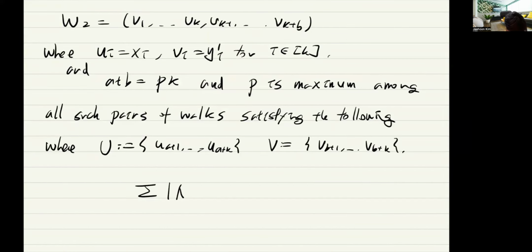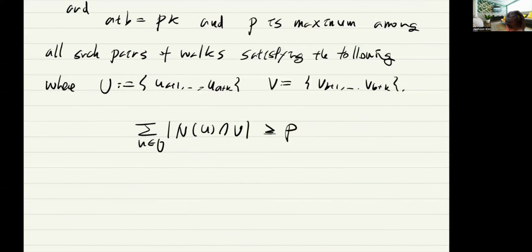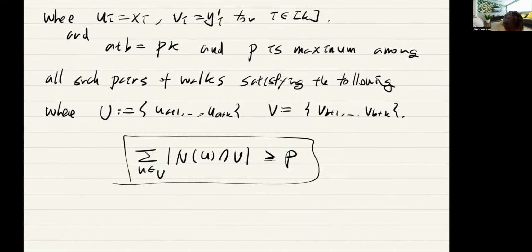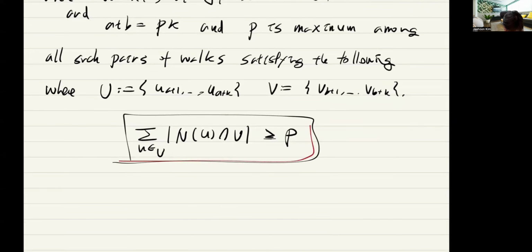And we want to only consider the ones that satisfy this. So what's this? This counts the number of edges between the last K vertices and the last K vertices, and then you count the number of edges between. That's exactly this.